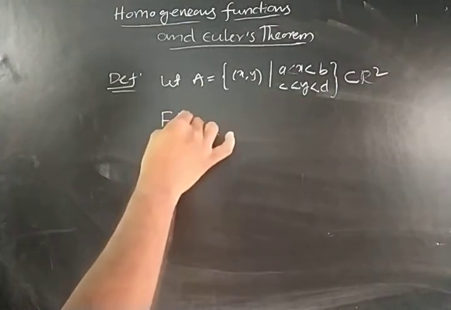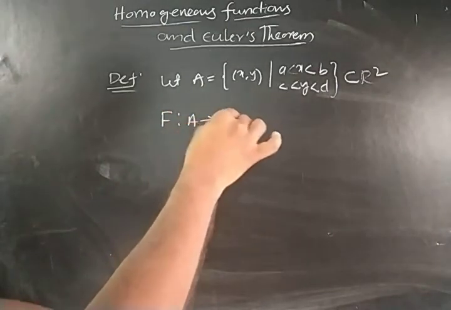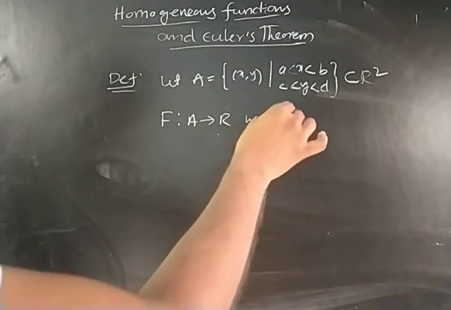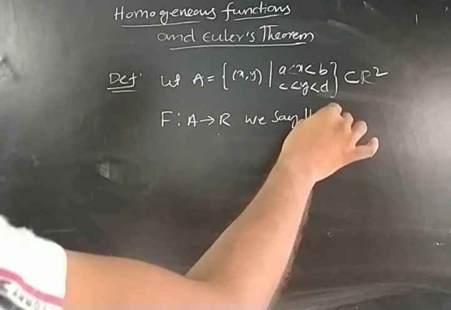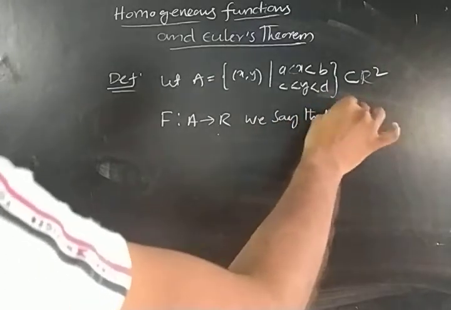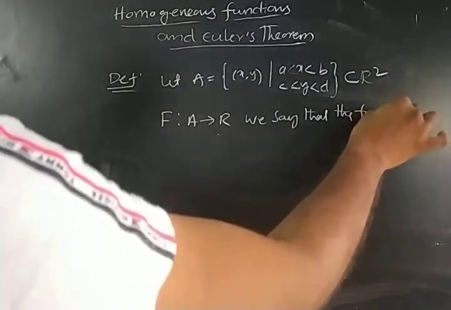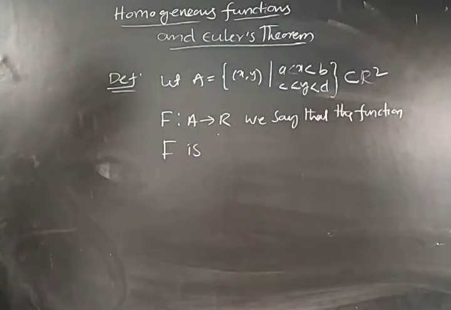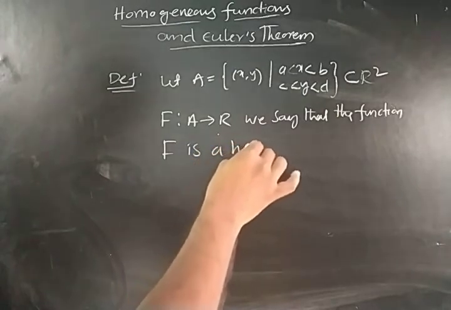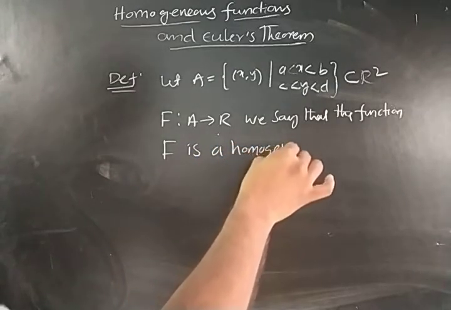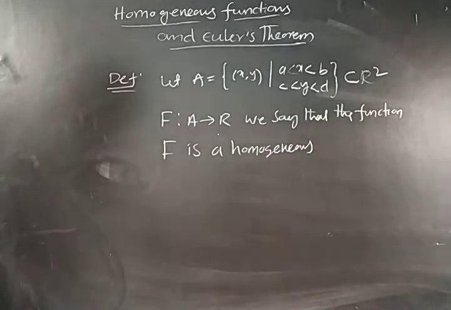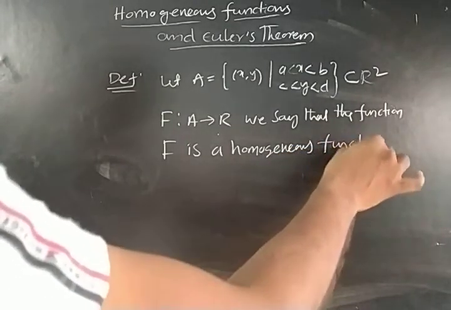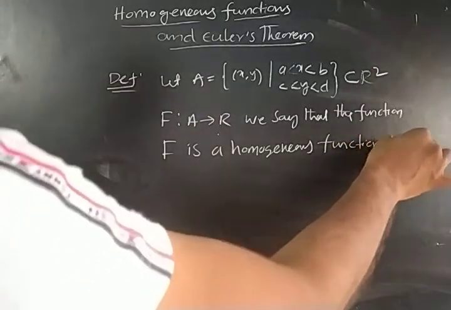And f is defined from this non-empty set A to R. We say that the function f is a homogeneous function on A, a function on the non-empty set A.